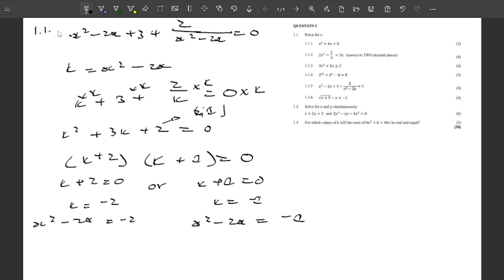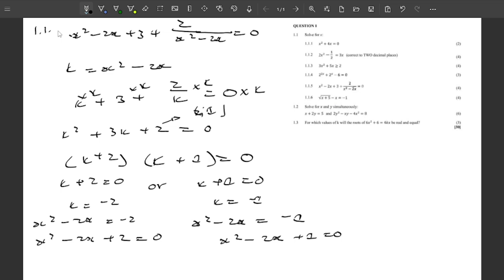Now you take the minus 2 to the other side and do the same for the minus 1. So you're going to get x squared minus 2x plus 2 equals 0, and x squared minus 2x plus 1 equals 0. And from here on, you can factorize it, and you should get an answer.